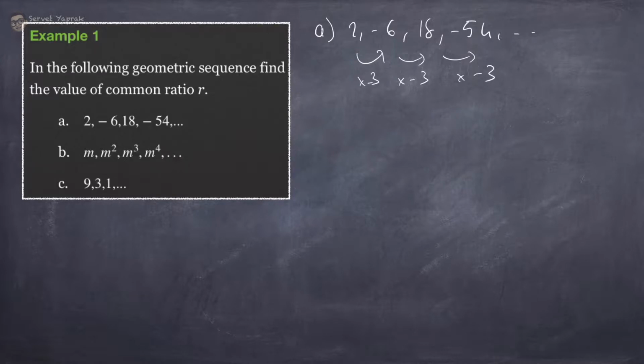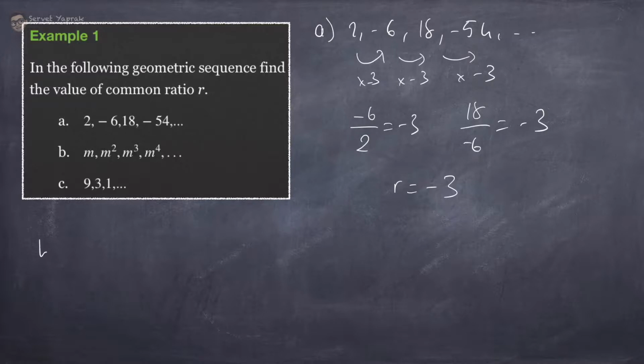If we cannot see it directly, we can divide negative 6 by 2 and we have negative 3. Or we can divide 18 by negative 6, again we have negative 3. So we can say that the common ratio of the sequence is negative 3.